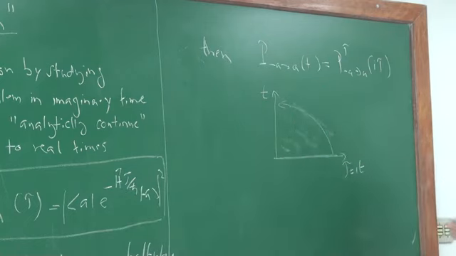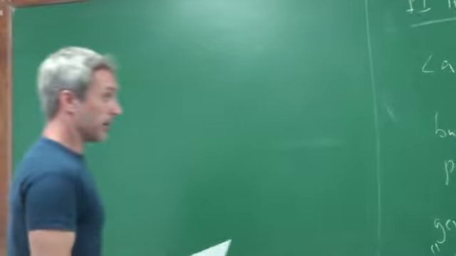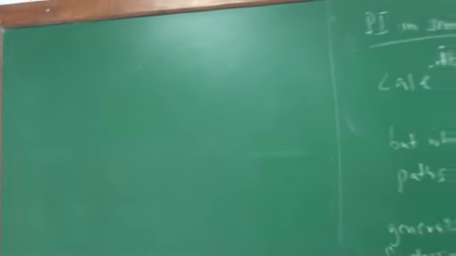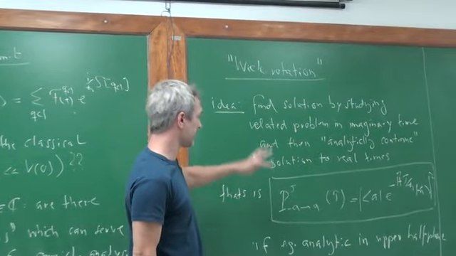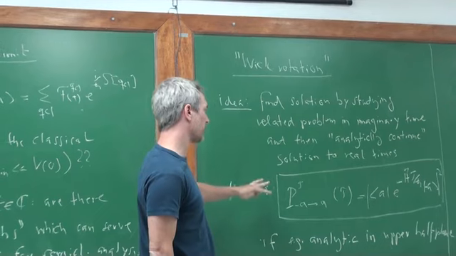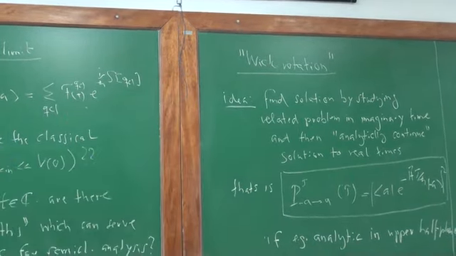Okay? So that's the basic idea. Questions? And again, we just do this for an example, and this generalizes, and one thing one should always keep in mind is the analytic structure of the objects that you're calculating.